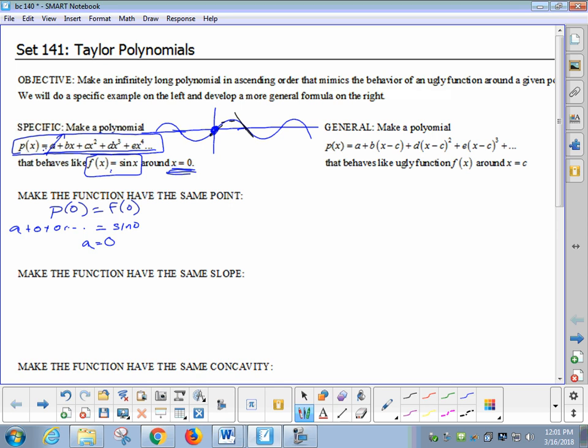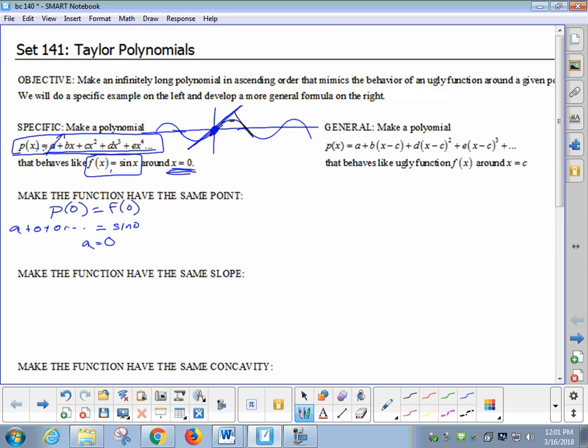Cool. Now, I want my polynomial to have the same slope as the sine curve there. Well, to have the same slope, that would imply I need my polynomial to have the same derivative at that point, right?